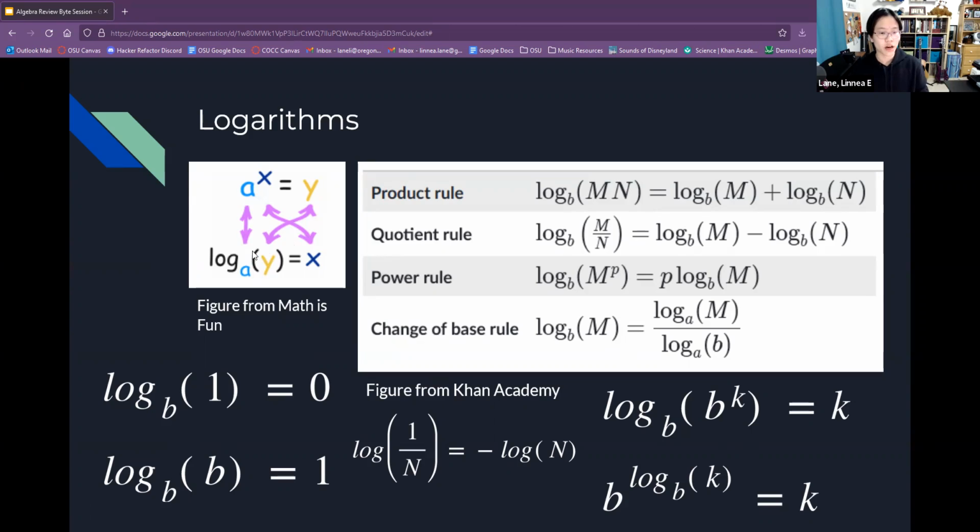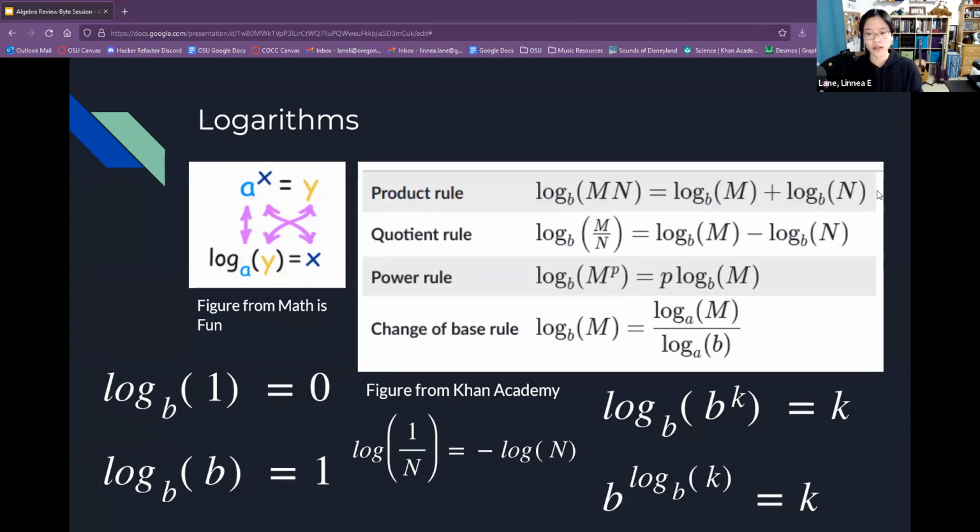It's just how many times we need to multiply our base to get to this number, and it's x many times. So they're really connected, even though some people don't see that immediately or forget since it was taught to them last. There are also some rules that we can apply to our logarithms.